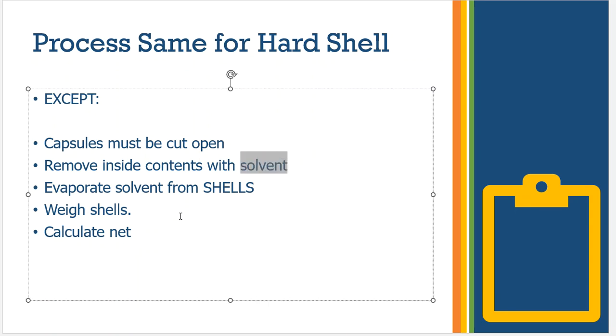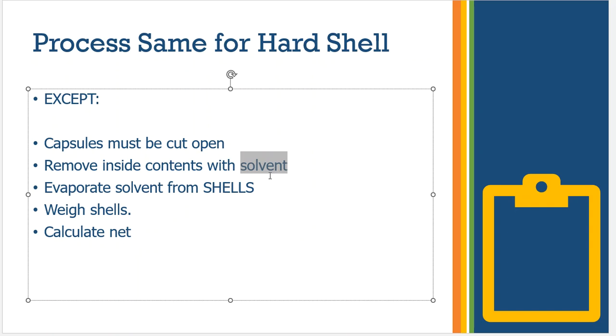And that solvent is typically provided to you in some form or fashion, whether it's an SOP or a method. The solvents could be anything that will dissolve the interior, typically oily, organic types of contents, way better than the outside capsule, that soft jelly-like or plasticky material on the outside.